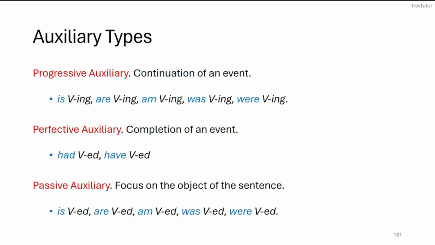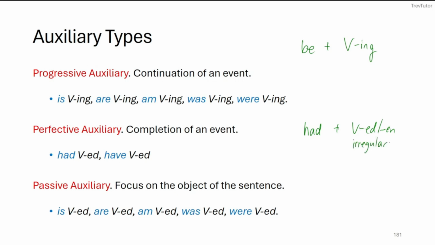So progressive auxiliaries are always be plus the verb with an ing ending. So is eating, are sleeping, am running, was smoking, things like that. The perfective auxiliary indicates completion, and this is always had plus the verb with an ed or en or even an irregular form.